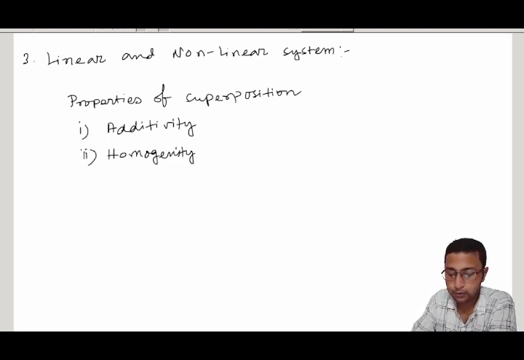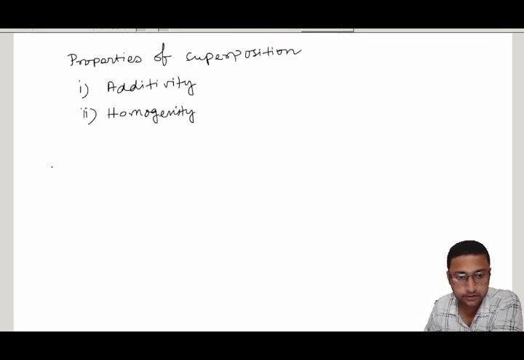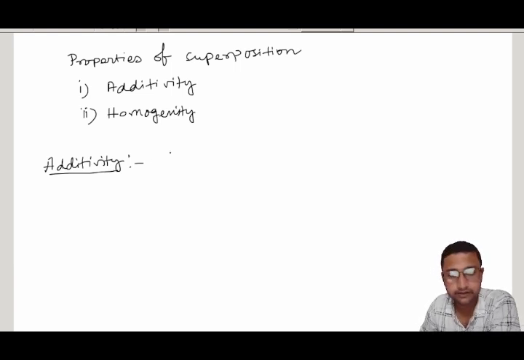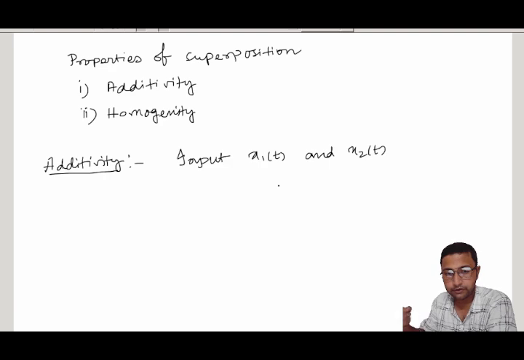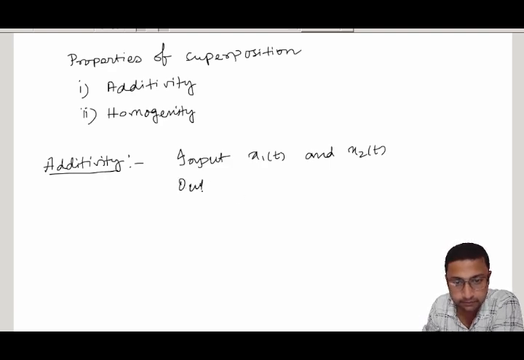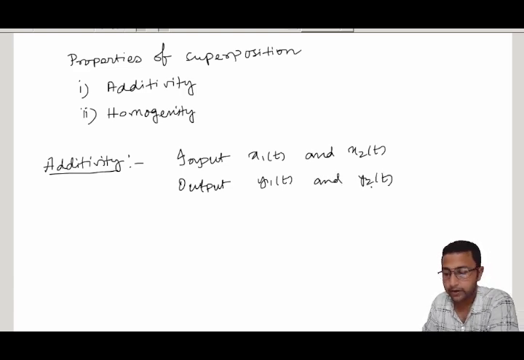So what are the two properties, additivity and homogeneity? First, additivity. Suppose there are two input signals, x1(t) and x2(t), and the corresponding output signals are y1(t) and y2(t).